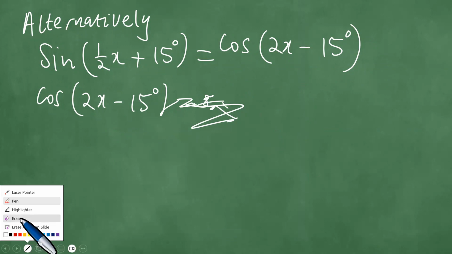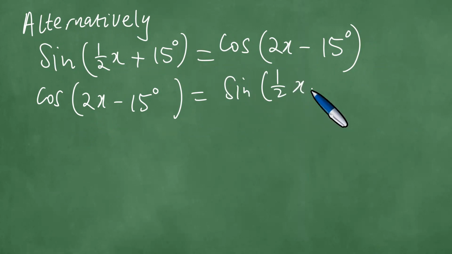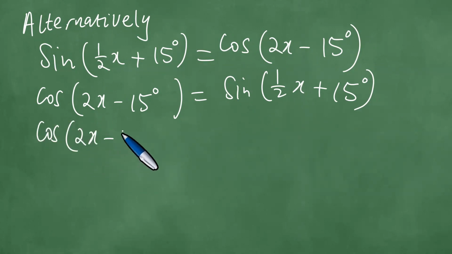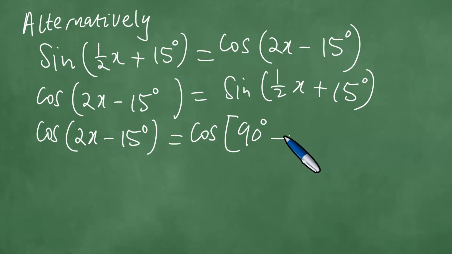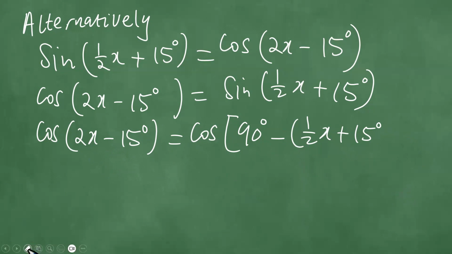You can start by writing the cosine and then writing the sine, like so. So this becomes the cosine of twice x minus 15 degrees, the cosine of 90 degrees minus 1/2 x plus 15 degrees.